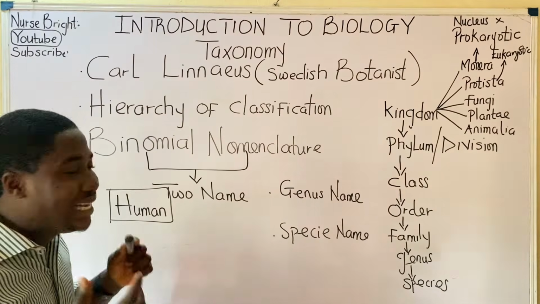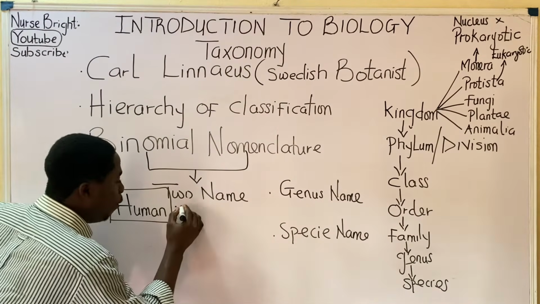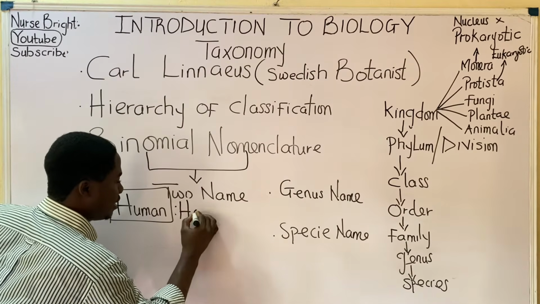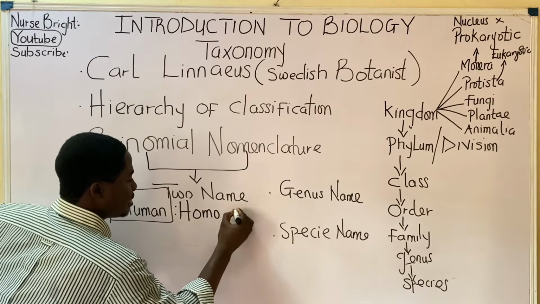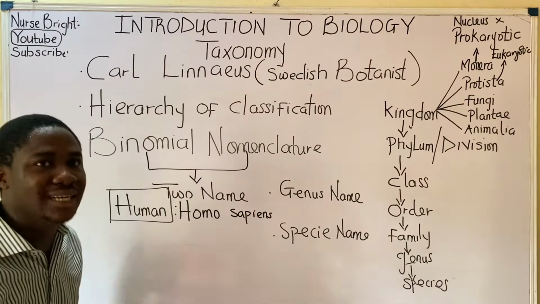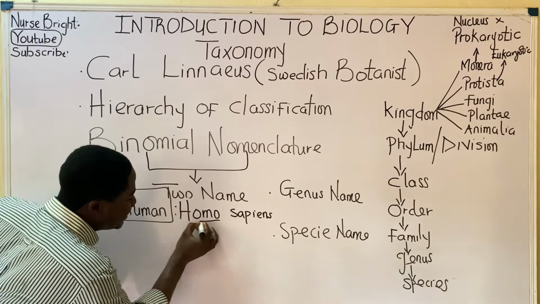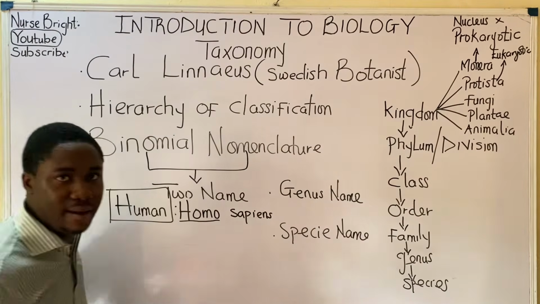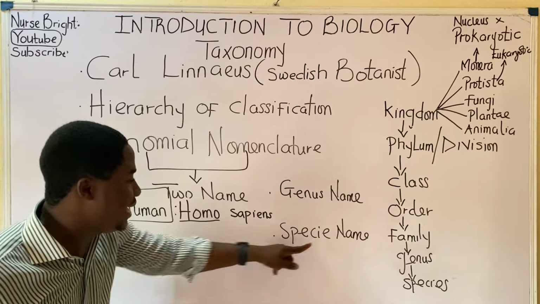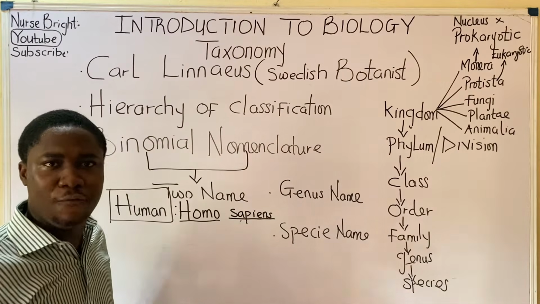For humans, the scientific name is simply called Homo sapiens. This must be noted. Now, if you observe, Homo here is the generic name, whereas sapiens here is the specific name or the species name. Are you following me?